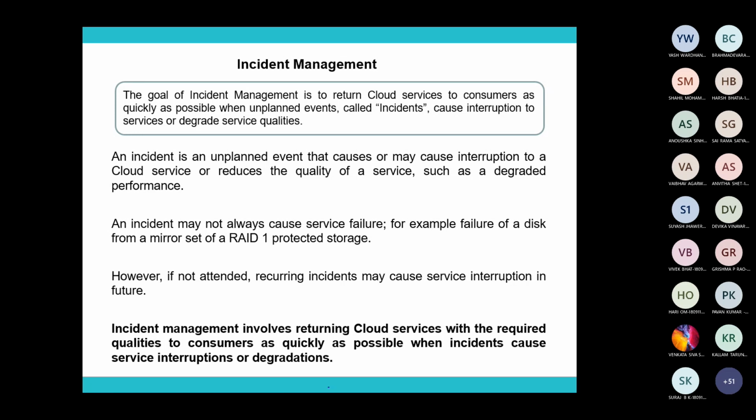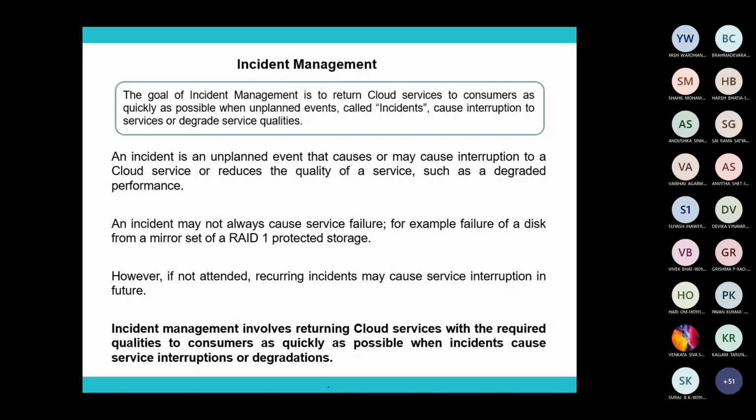But it is a failure of one disk, and you have to handle that. That means the failed disk has to be replaced with other storage, or you have to allocate additional storage. Otherwise, if the other one which is already working also fails, you may lose the data.